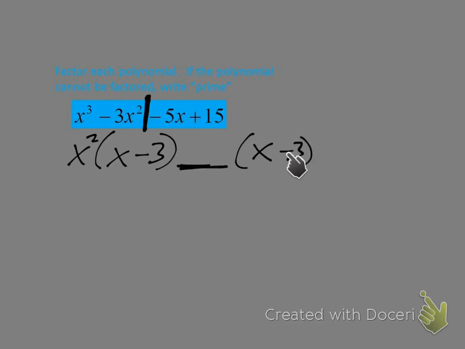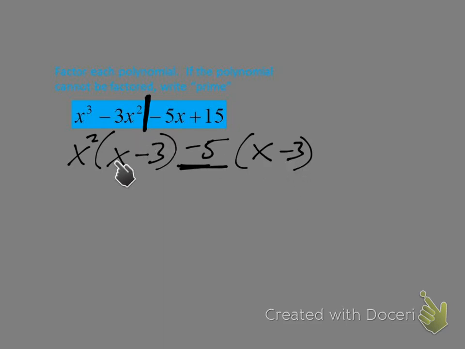Negative 5. Very good. Everybody see why negative? Since your sign changes from here to here.